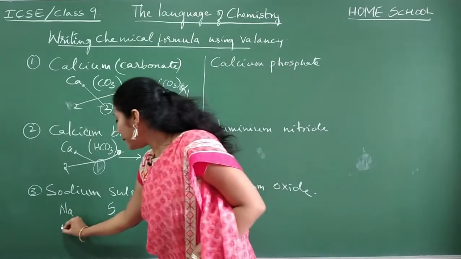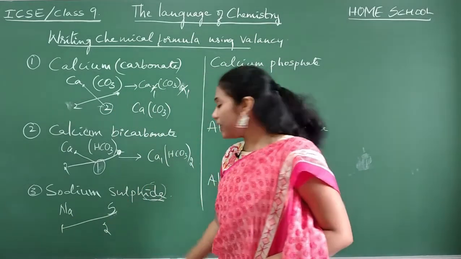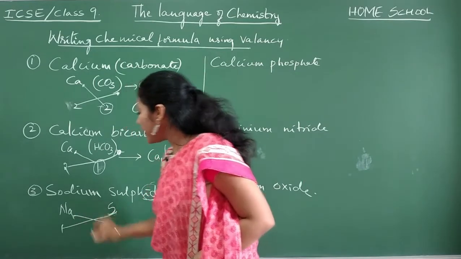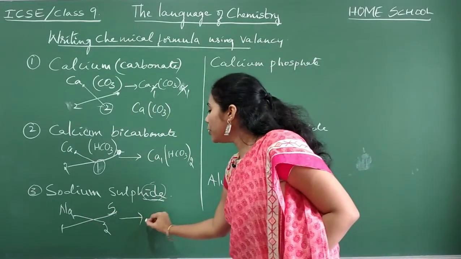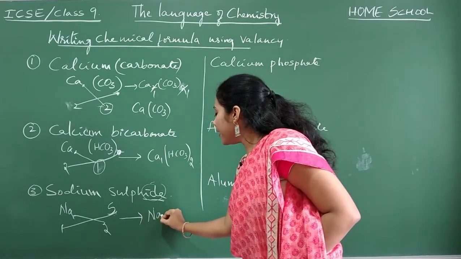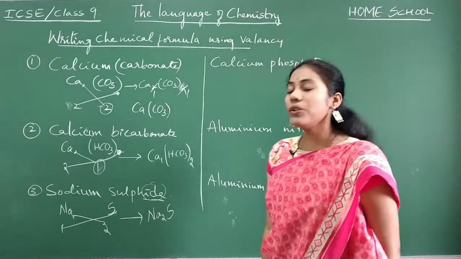And now what will happen? This number should be written as a subscript for sulfur and this number as a subscript for sodium. So if you do that, what do you get here? Na2S you will get. This is the formula of sodium sulfide.